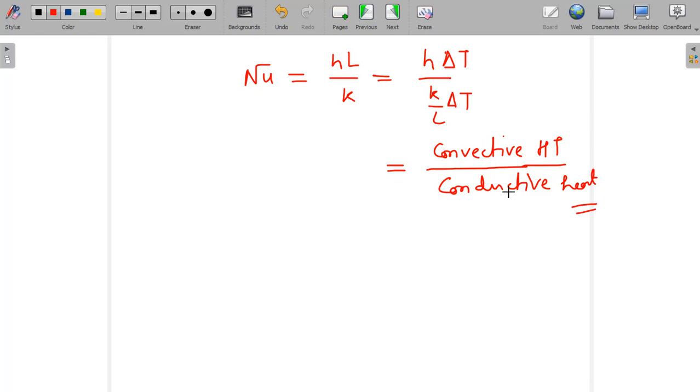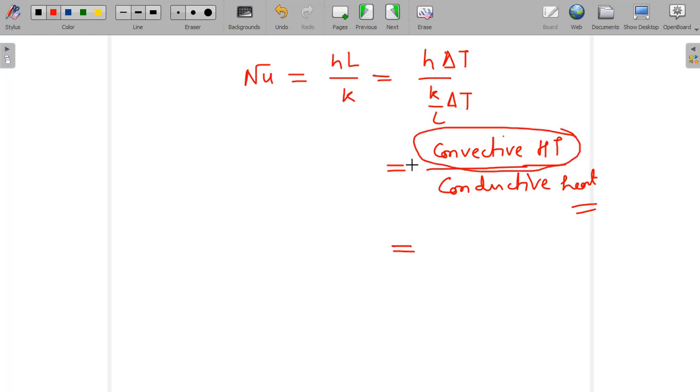So it's clear that the Nusselt number gives an idea of the enhancement of heat transfer due to convection in comparison to conductive heat transfer.